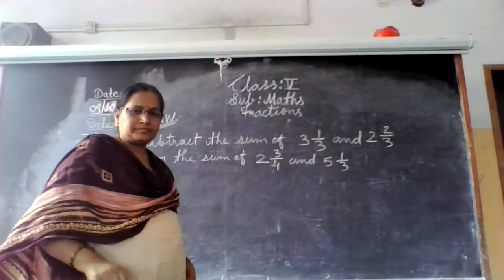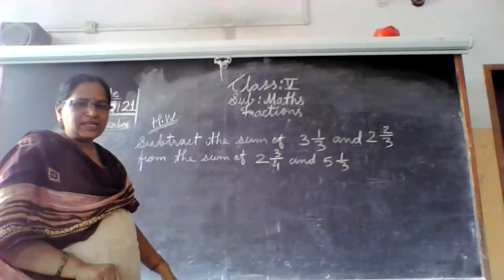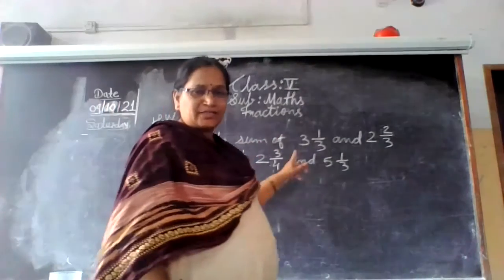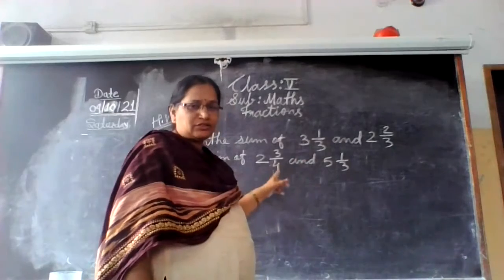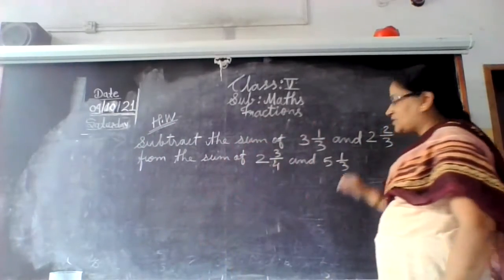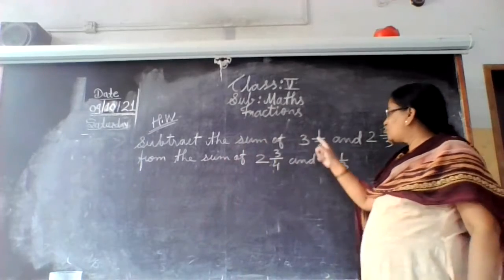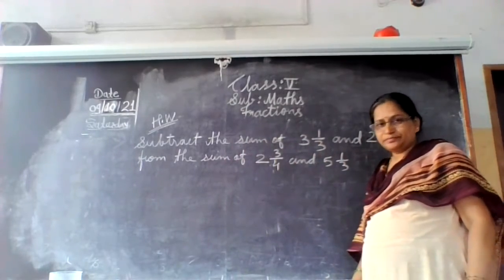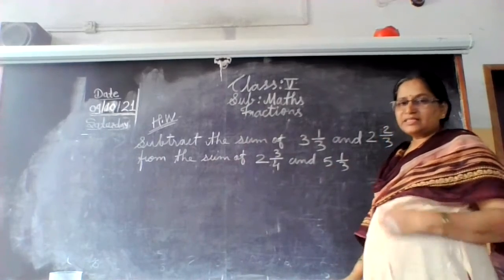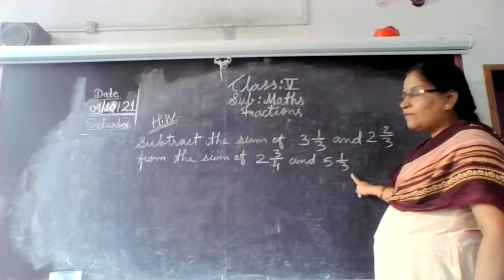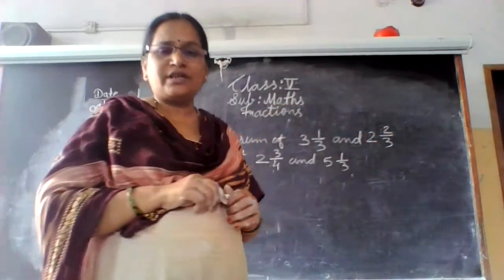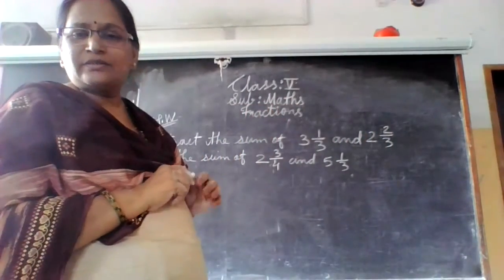What to do, beta? Subtract the sum of this from this. So this question has 3 questions. First, you have to find the sum of this. Sum means addition. So first add this fraction, then add these 2 fractions, and then subtract this from this. So it is quite difficult, but children, try to solve it.